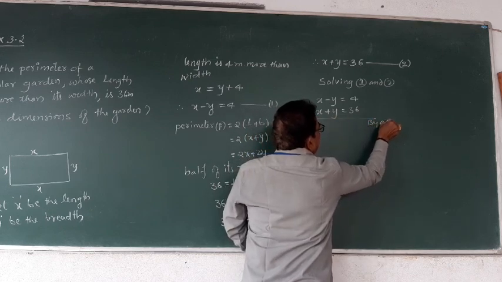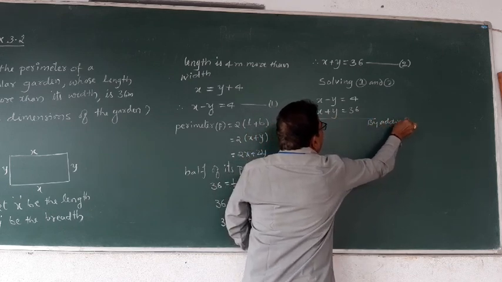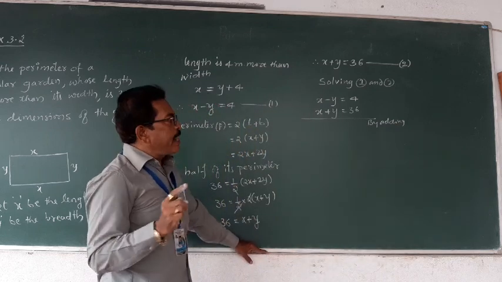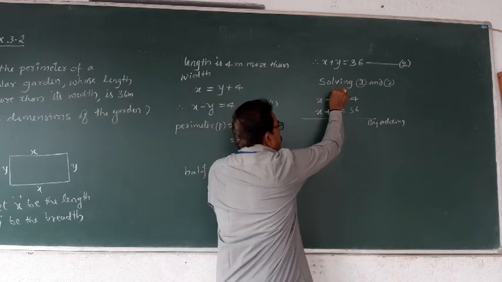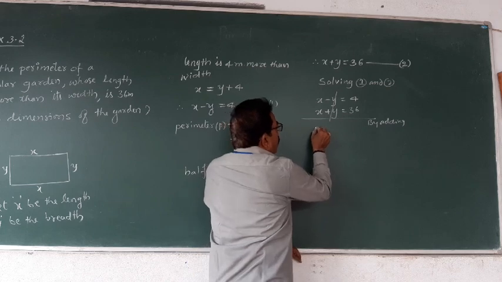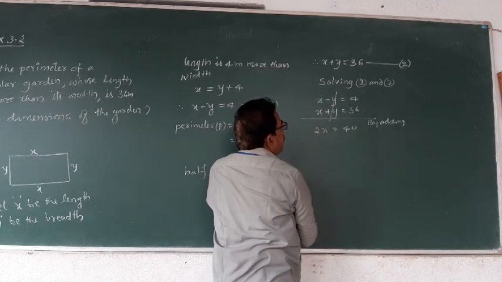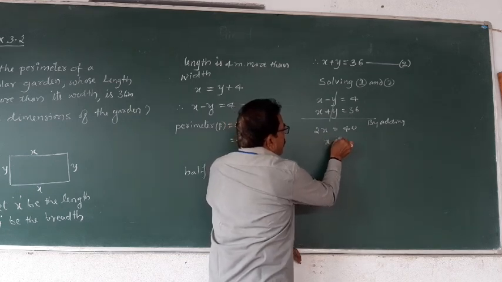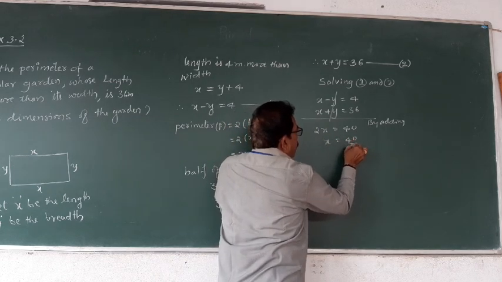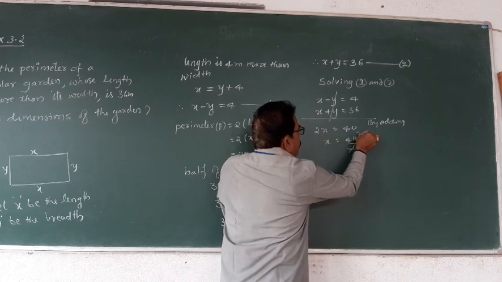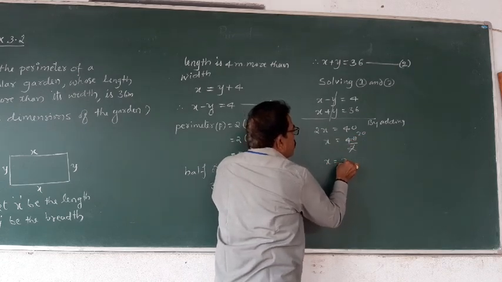By adding, see what happens? Plus y minus y gets cancelled. So 2x equals 40. Then x equals 40 by 2, 2 twos are 4, 2 ones are 20. x equals 20.